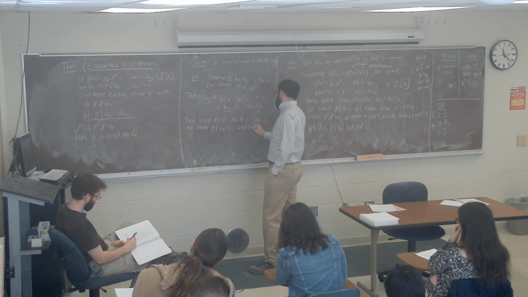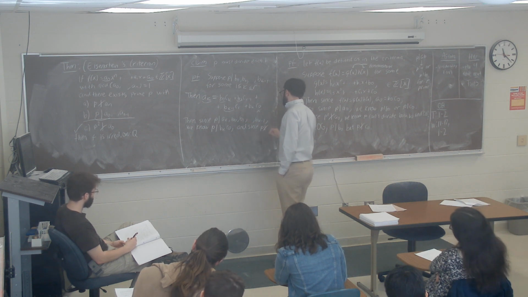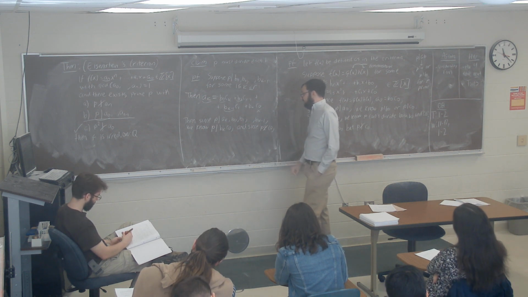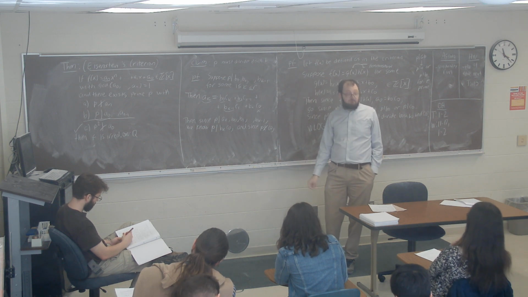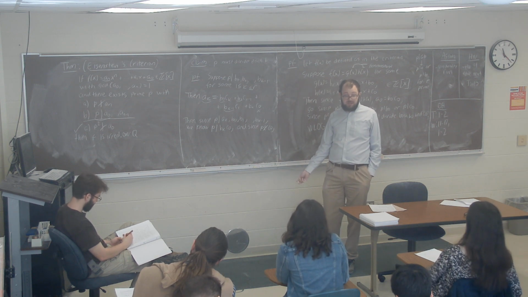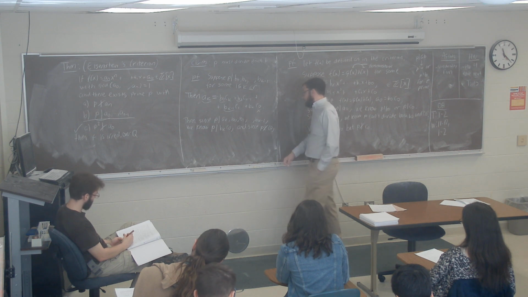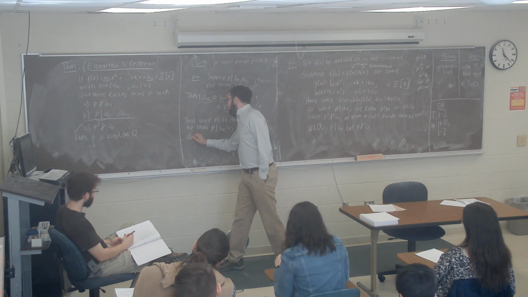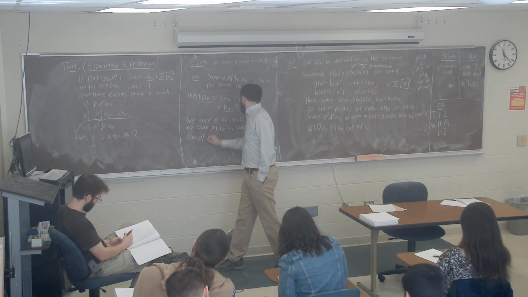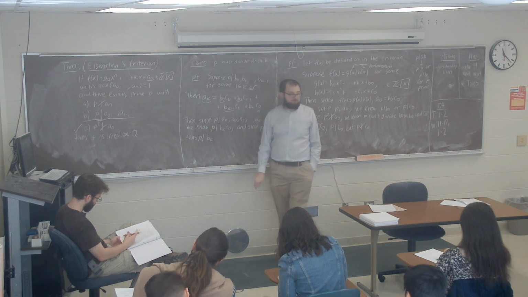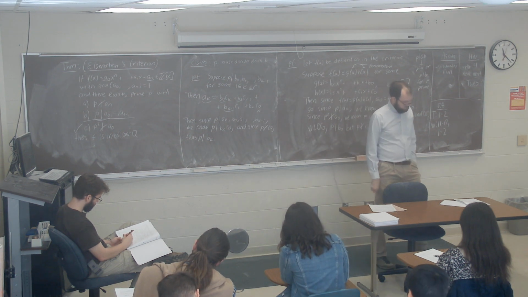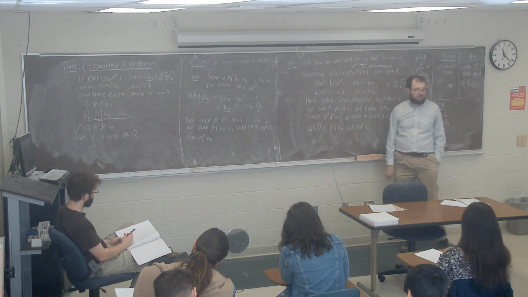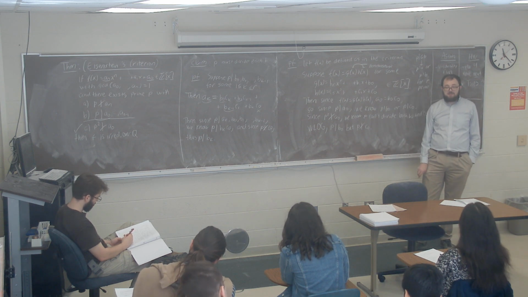And since P does not divide C naught, well, P is prime. If P divides the product of two things, it has to divide one of the two things. Thus, P divides B sub k. Questions or comments about that?